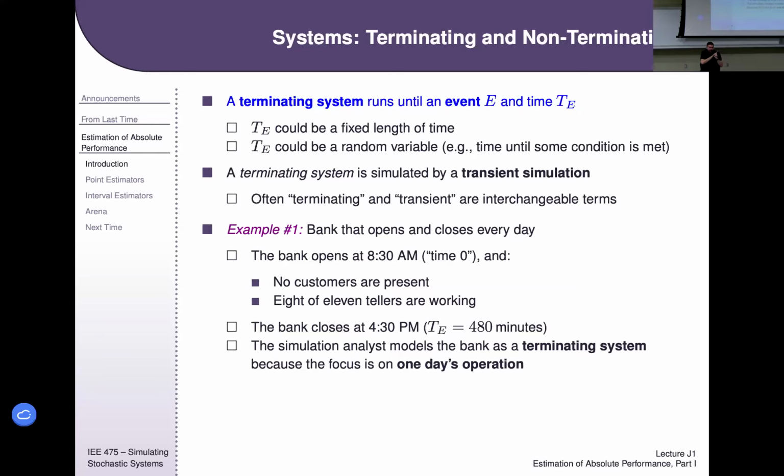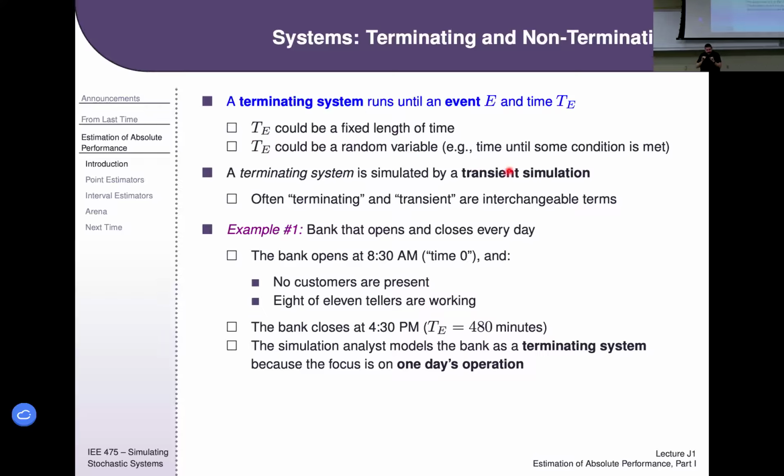So nobody can arrive after 6 p.m., but because there's people in the queue, the bank might not actually close or finish until 6:30 p.m. And so you might need to record the actual end time as a random variable. That might be one of your outputs: how often do we actually end at 6 p.m. that day? So that's our idea of a terminating system.